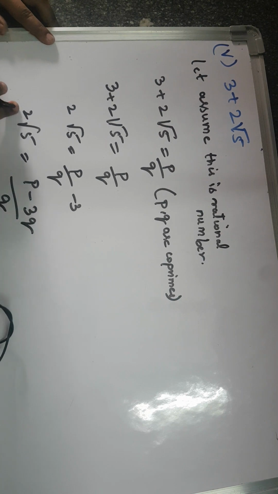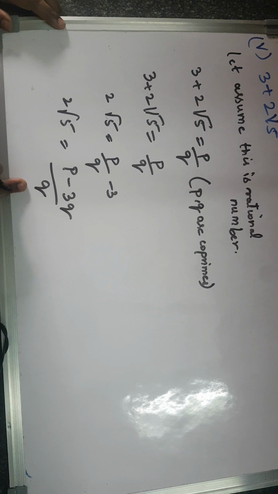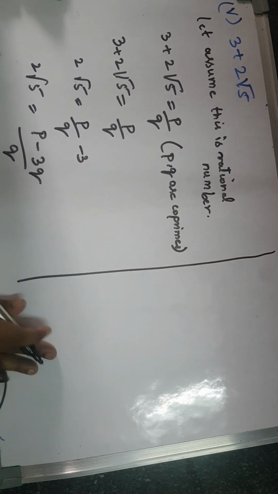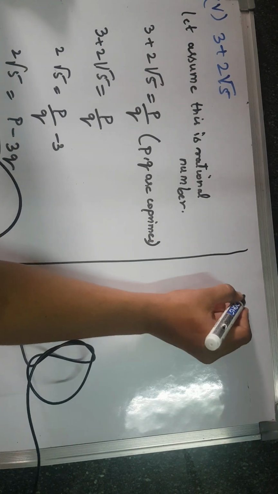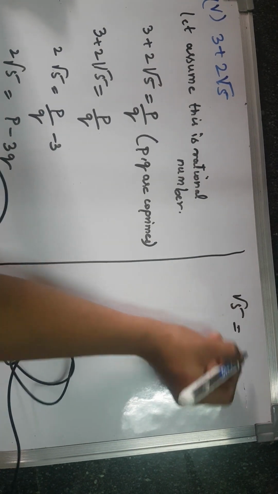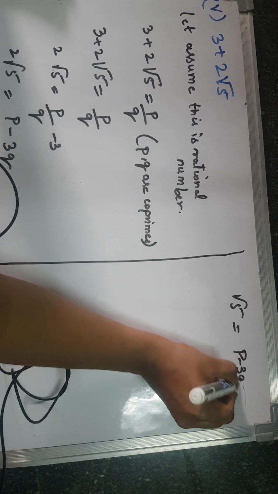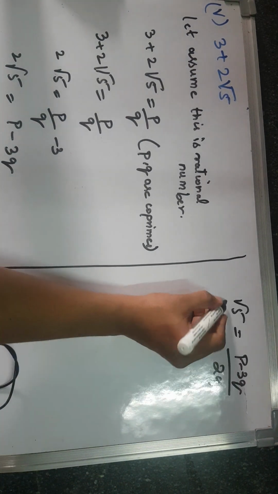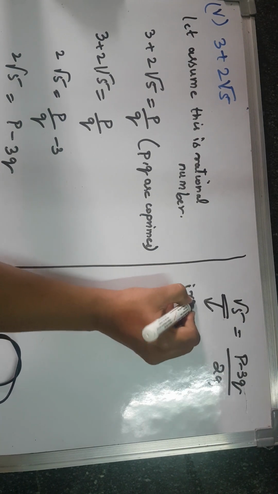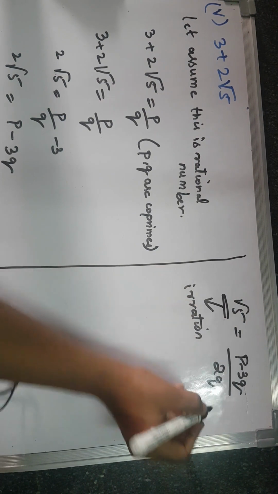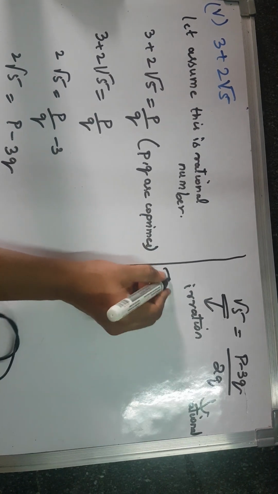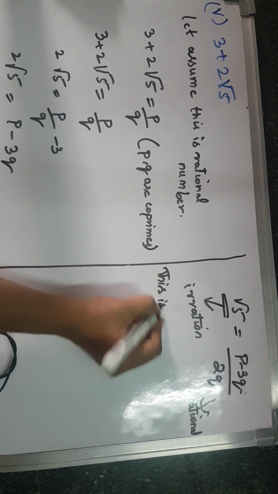Take 2 towards this side, multiplication of 2 becomes division, so root 5 equals p minus 3q by 2q, where root 5 is the irrational number and this is the rational number. This is the contradiction.